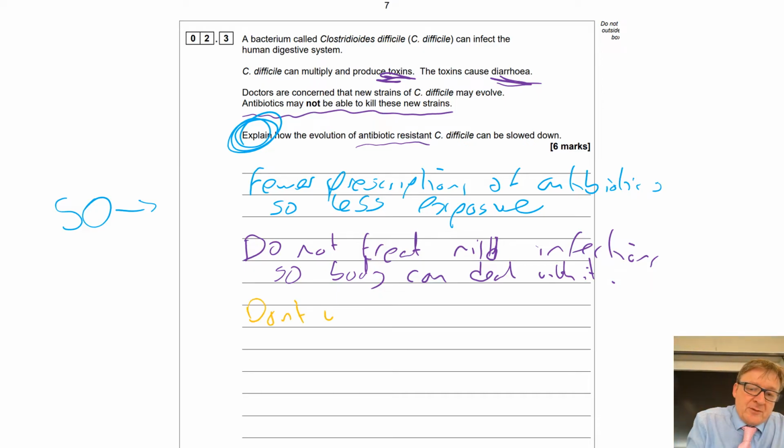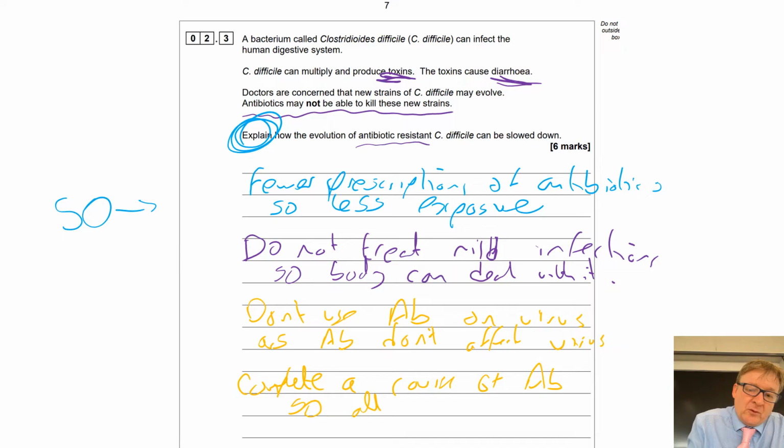Don't use antibiotics on a virus, as antibiotics don't affect viruses at all. Always complete a course of antibiotics so all bacteria are killed. Because if there's a couple left, they've got a pretty good chance of actually being immune to it.